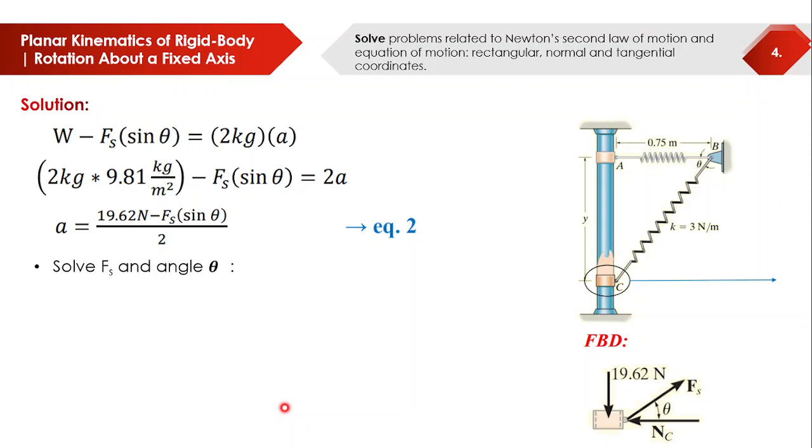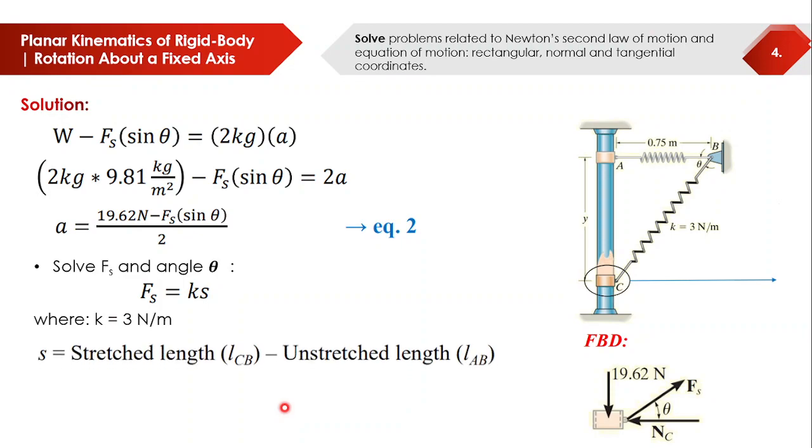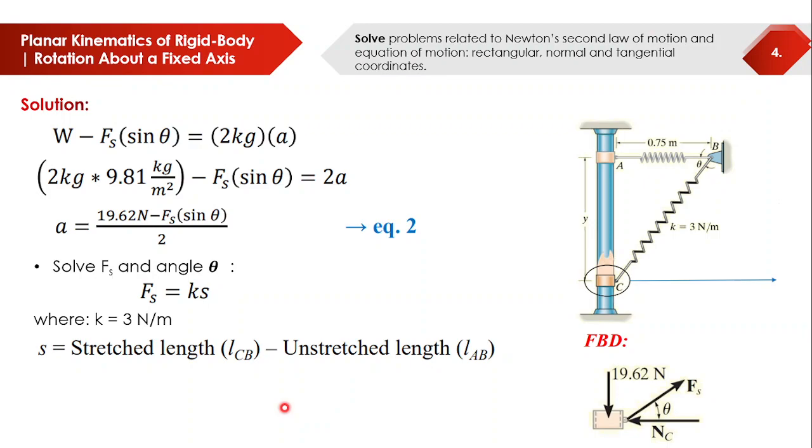So how do we solve for our spring force? That will be F sub S is equal to K times S, where K is equal to 3 Newton per meter, and S is equal to the stretched length minus the unstretched length.